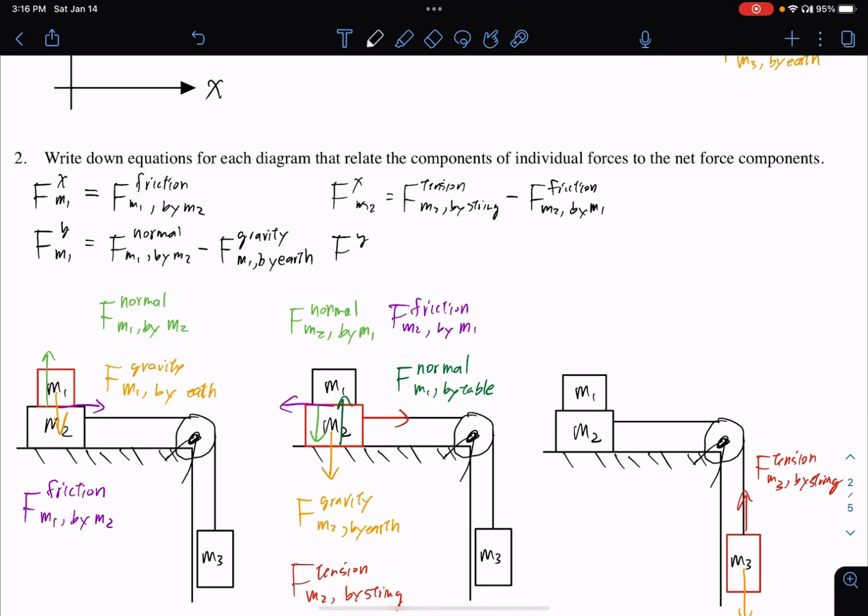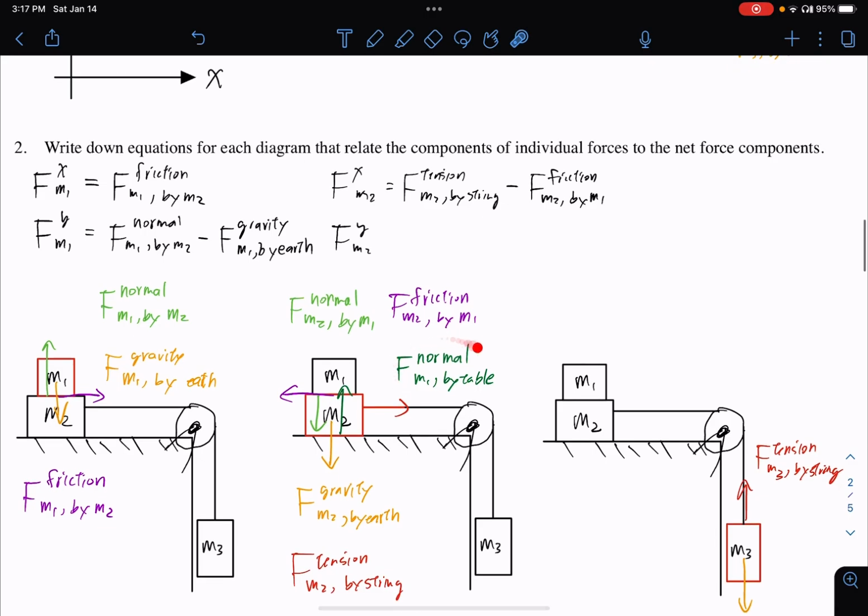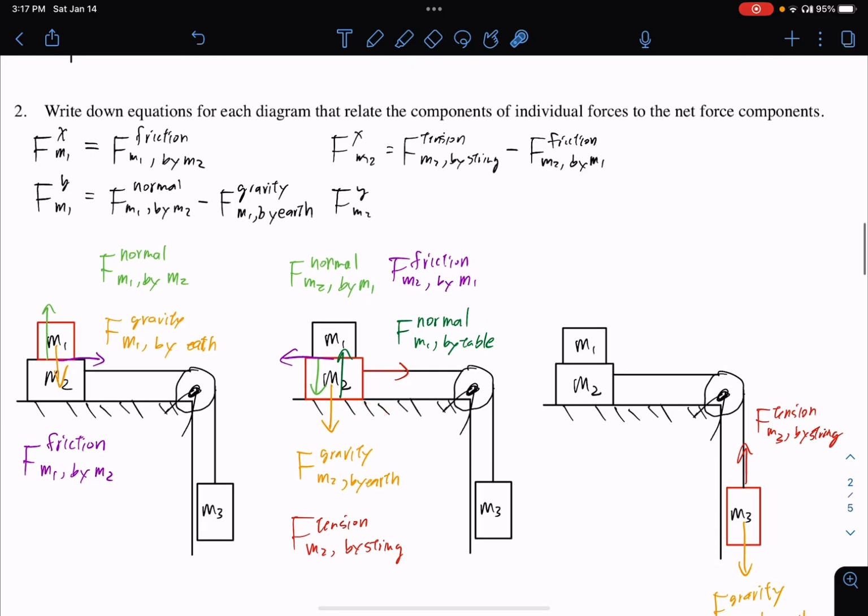Now, the y component of forces on M2 will have a normal force by the table, a normal force by M1, and gravity. The normal force by the table is pointing upward, so it is positive.